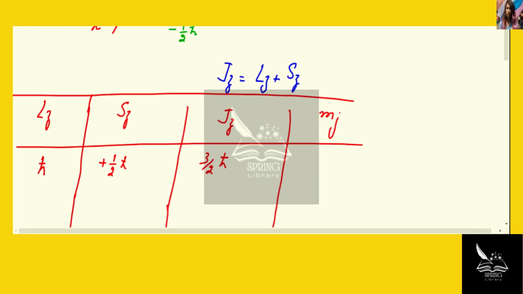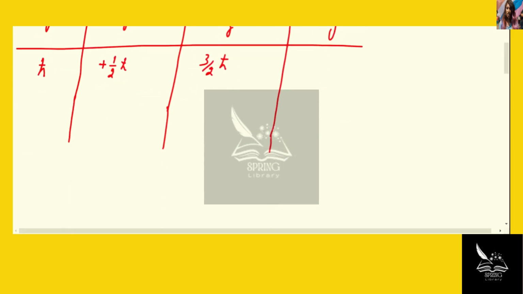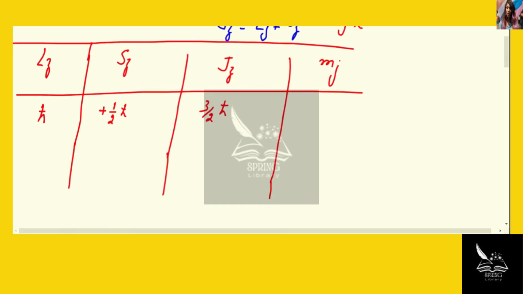As Jz, that is also equal to Mj into h bar. So this gives us mj equal to 3 upon 2.